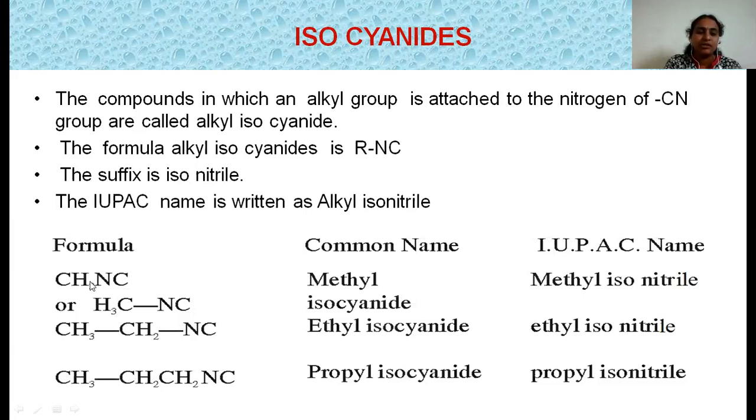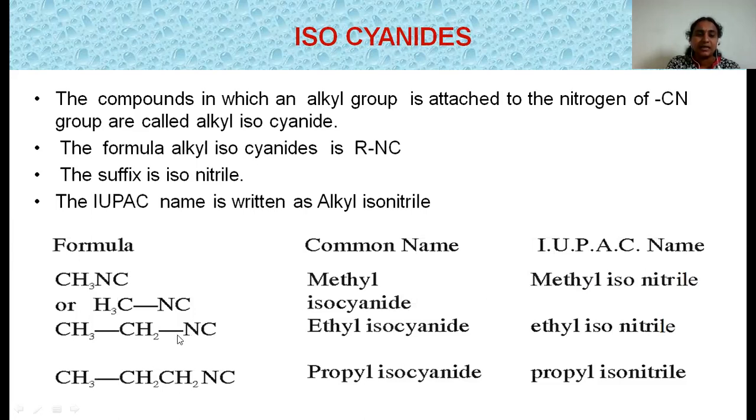For example, if you see this formula, methyl is the substituent, and in NC, the carbon is connected with the nitrogen. So NC is called isocyanide. The common name of this compound is methyl isocyanide, whereas the IUPAC name, with a total of one carbon present, is methyl isonitrile.